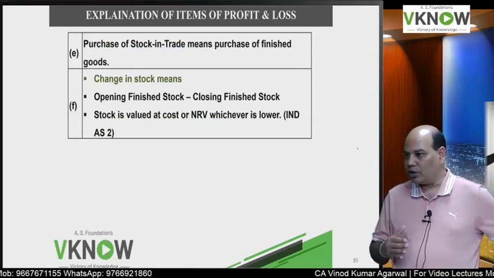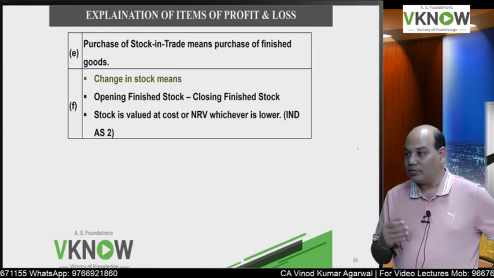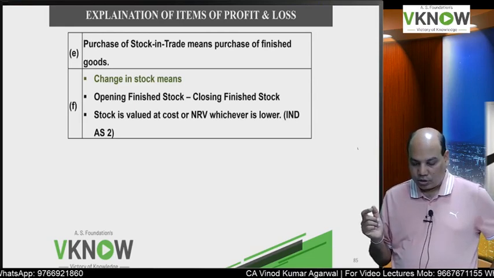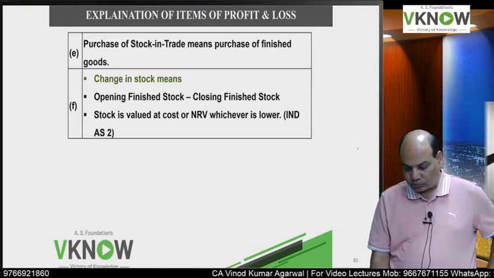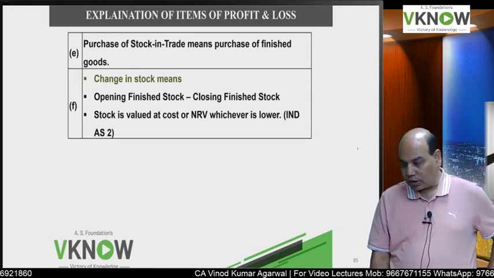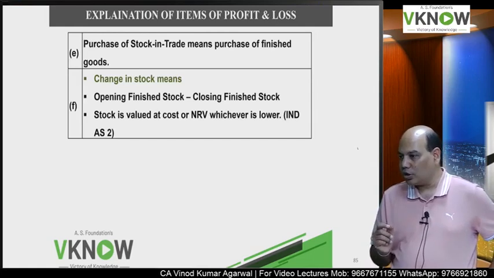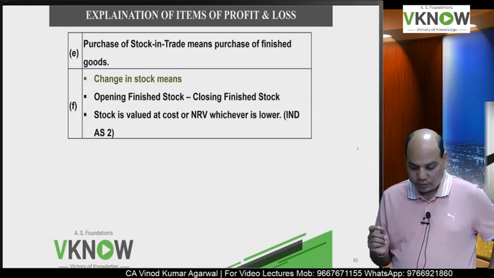What you manufacture will come under raw material consumed. What you only trade will come under purchase of stock in trade. And change in stock means opening finished stock and stock in trade minus closing finished stock and stock in trade.